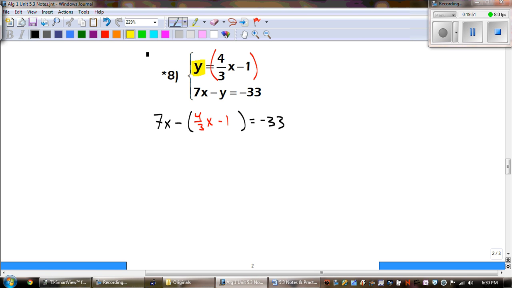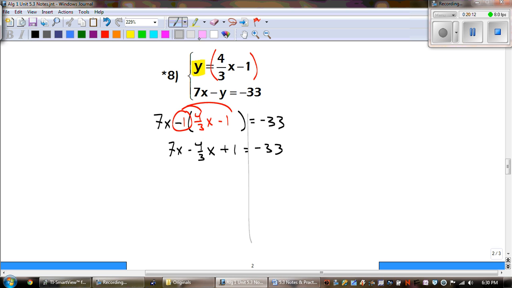Okay, so I need to distribute that negative, and that's a -1. So we have 7x minus 4/3 x plus 1 equals negative 33.